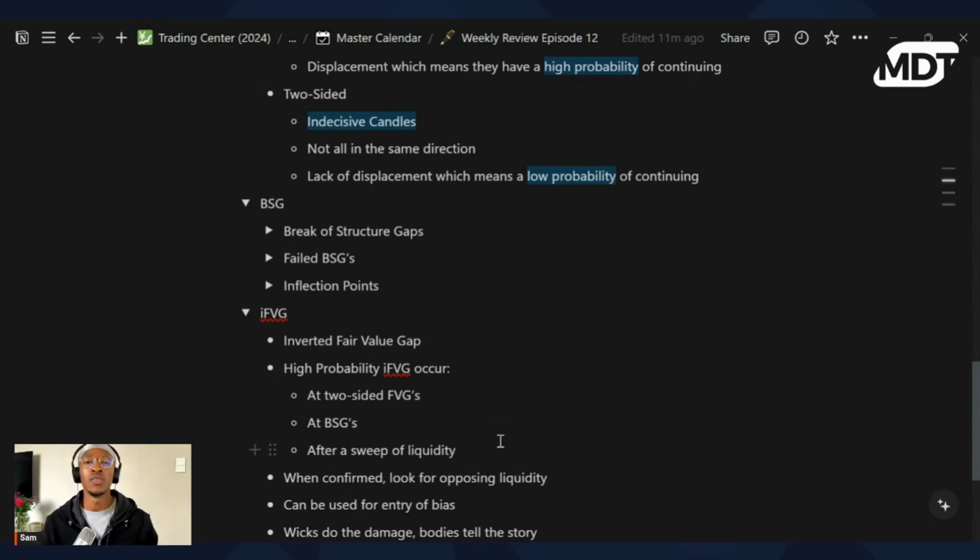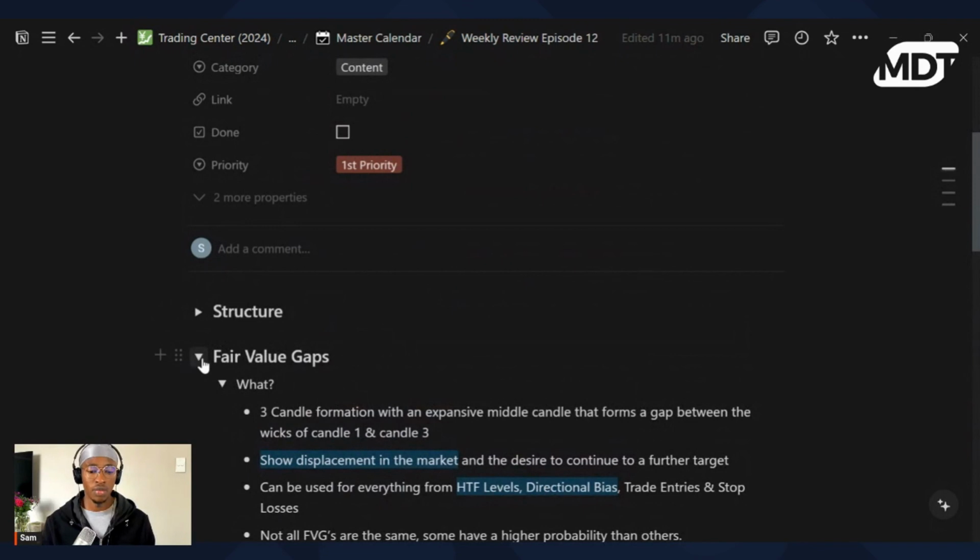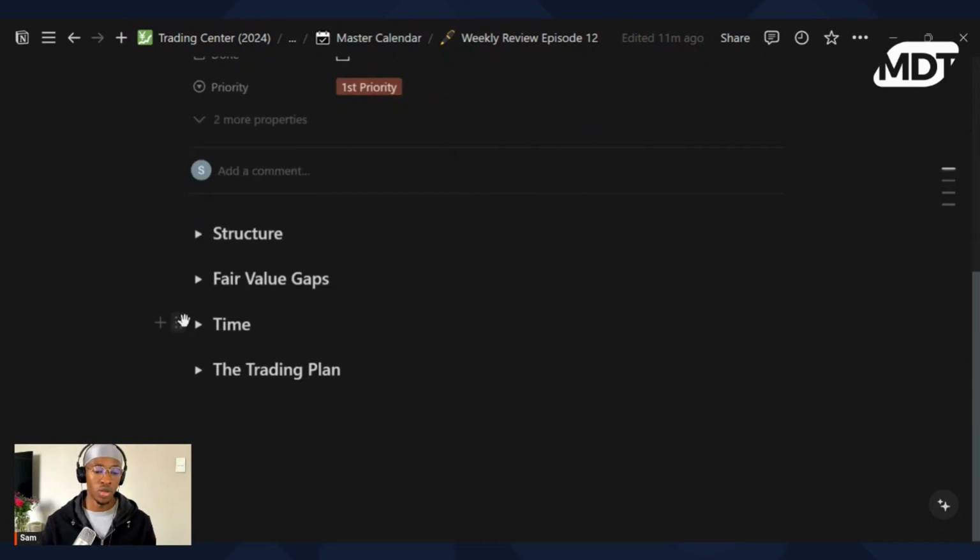It's basically when a fair value gap is inverted, or price closes beyond a fair value gap, which signals a reversal. And then a break of structure gap is where we have structure, but then the structure is broken, and as we break the structure, we form a fair value gap. So those are those two. That, in a nutshell, is fair value gaps. We'll look at it a bit more in a second.